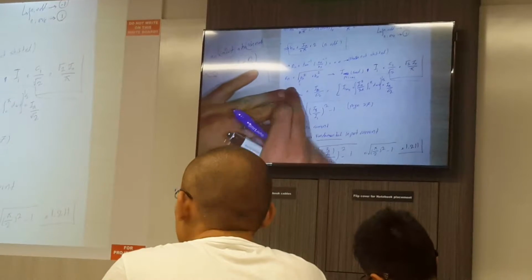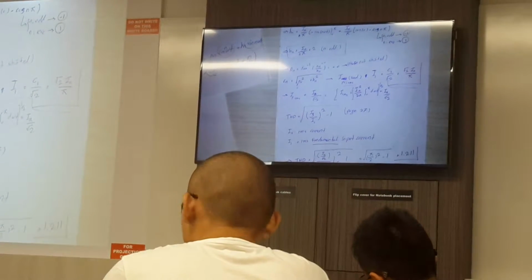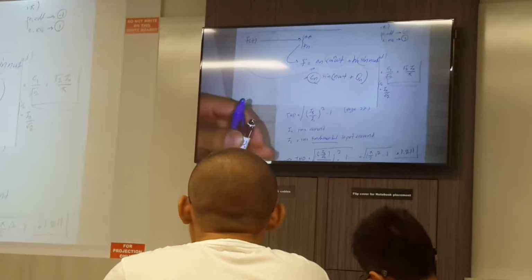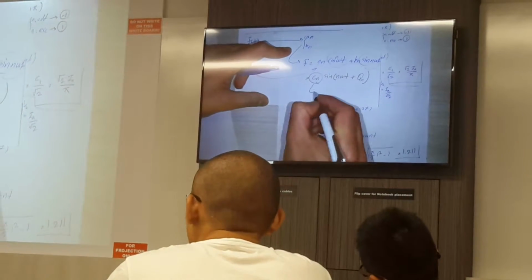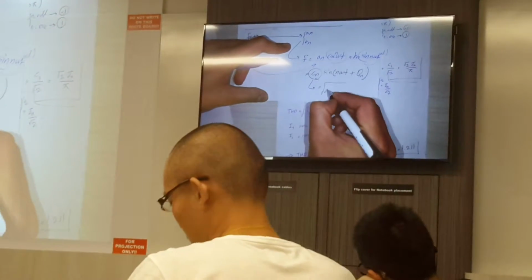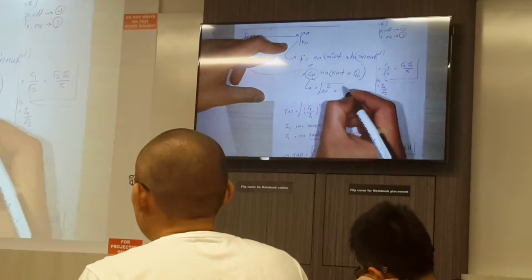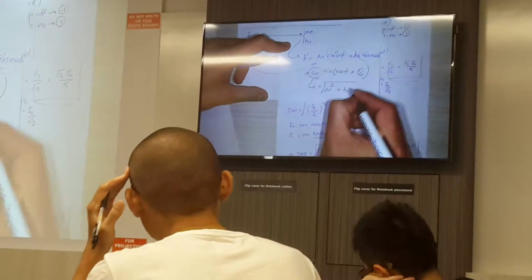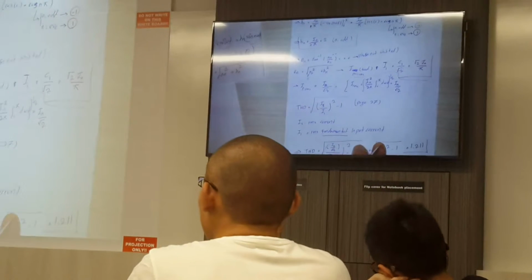So if you want to calculate Cn in this equation, Cn is equal to the square root of an squared plus bn squared.